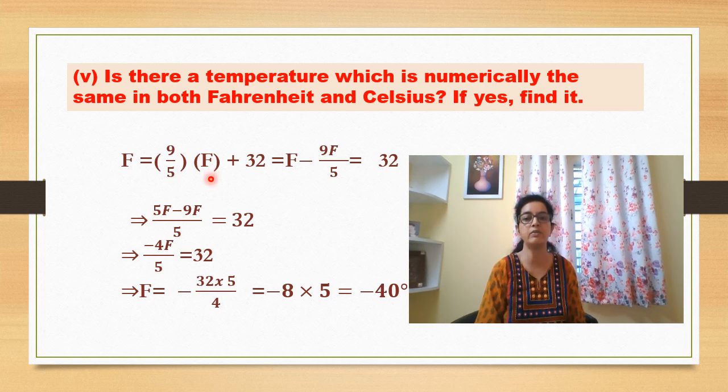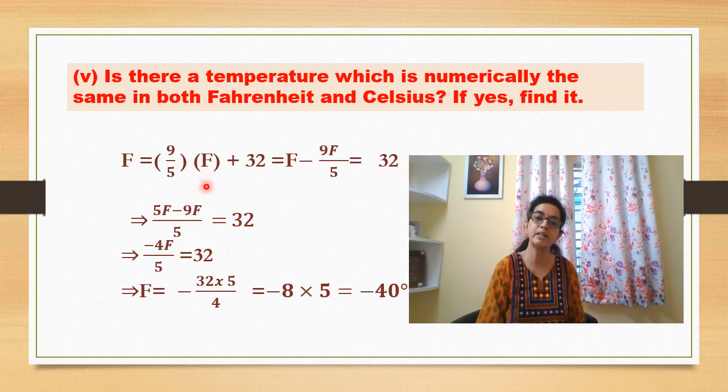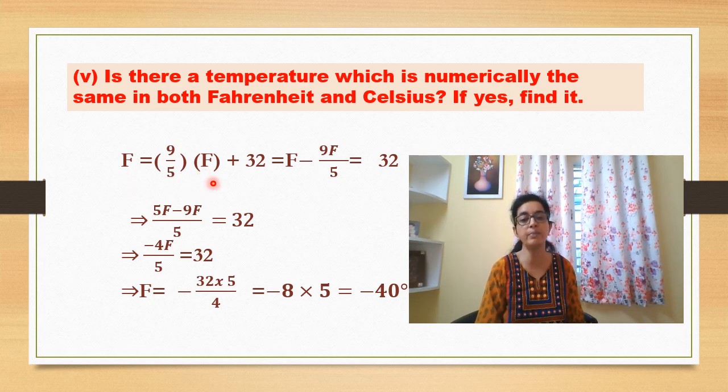Now why did I do it? I did it to convert this whole equation into an equation in a single variable. Previously we had an equation in two variables, F and C. But here I can easily convert the entire equation into a single variable, that is F. For that, I have to replace C with F. And yes, I can do it because the question is already demanding it.